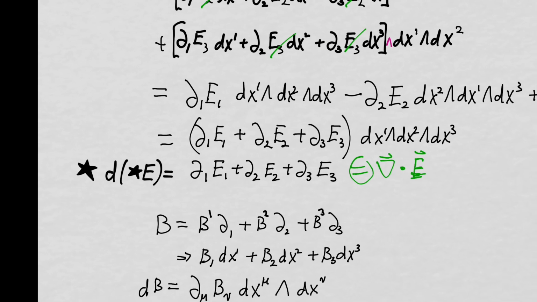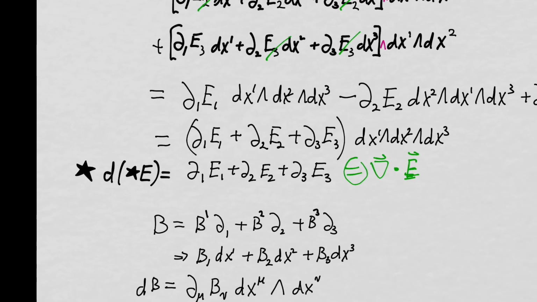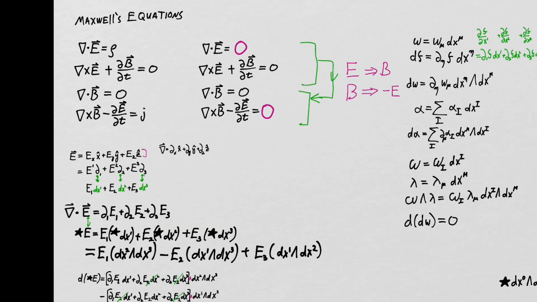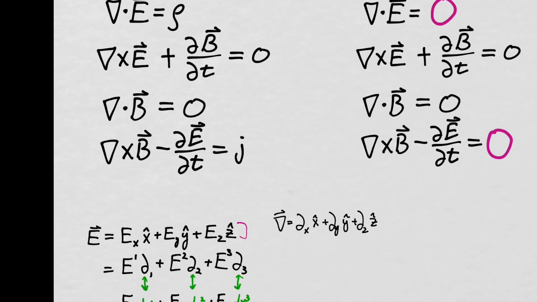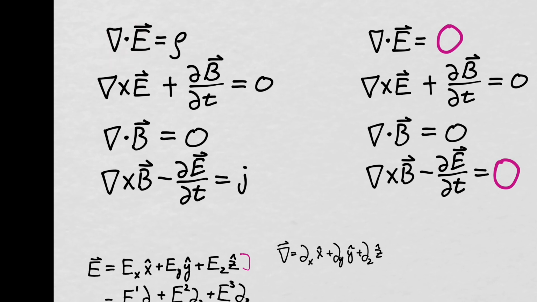So now we know how to write down the divergence. This is the form: the divergence is the Hodge dual of the exterior derivative of the Hodge dual of that form. And you can see what we're going to do with this. Ultimately, Maxwell's equations have a divergence. This first one is the divergence of the electric field, which is literally what we want.